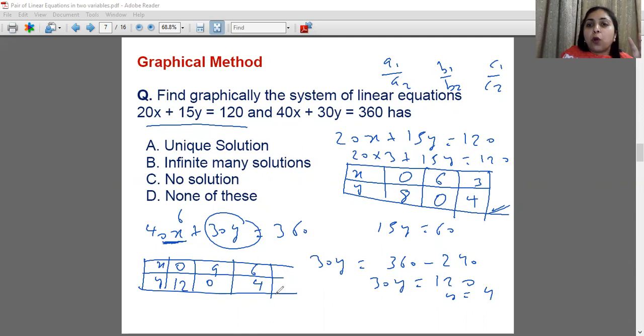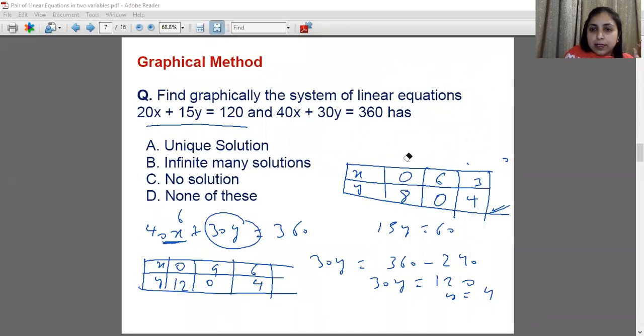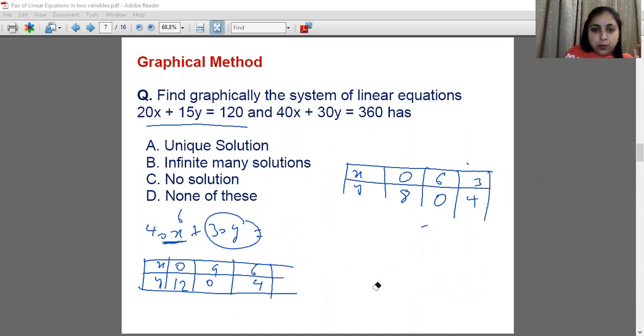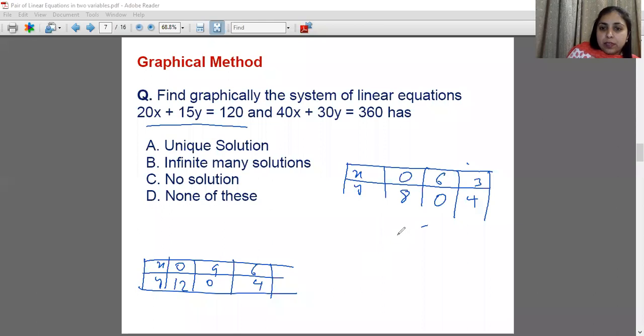Now, if I want to plot this, let me make some space here for plotting these equations. Wait for a second. So let's plot this graphically. Here is the graph.